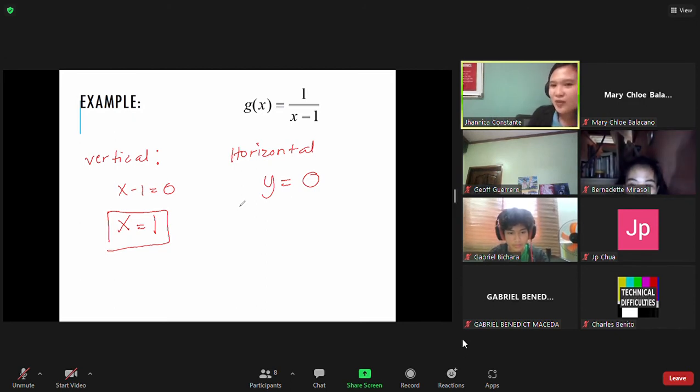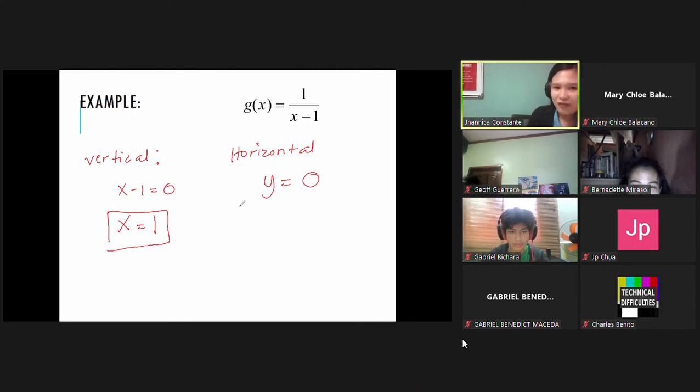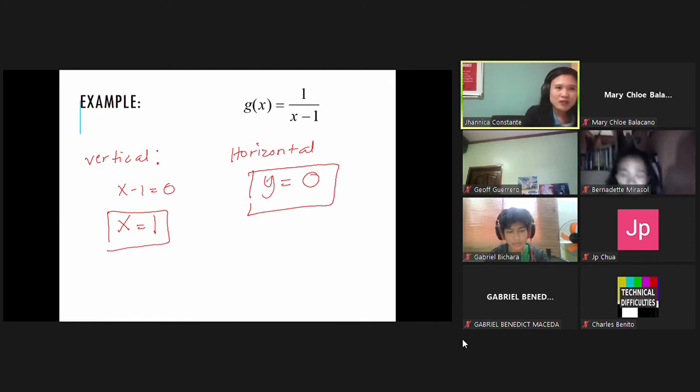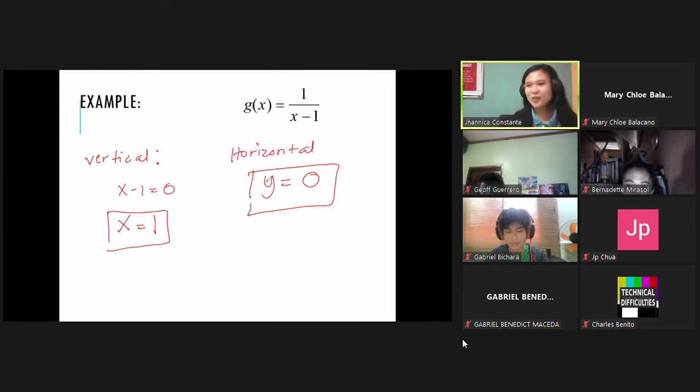So that is the horizontal asymptote that we will be having for our rational function g of x equals 1 over x minus 1. Question in this example that we have.